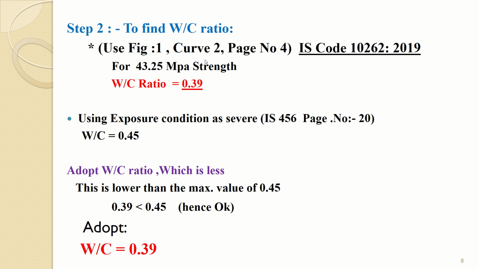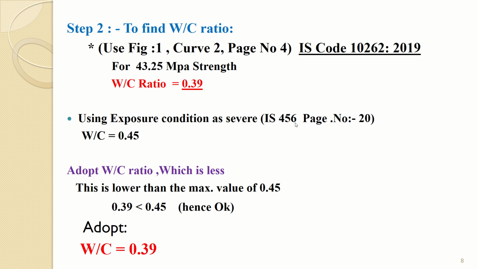Here I have recommended OPC 43 grade, that's why I am going to use curve 2. For curve 2 and FCK dash 43.25, if you interpolate, you will get the water cement ratio of 0.39. Again, the second water cement ratio value is decided on the basis of exposure condition. Here I have mentioned it as severe.